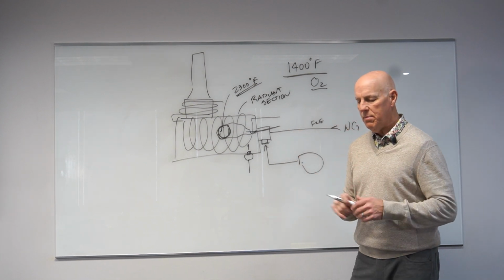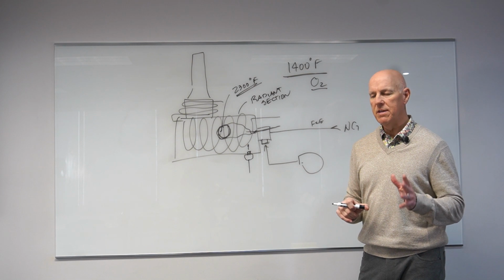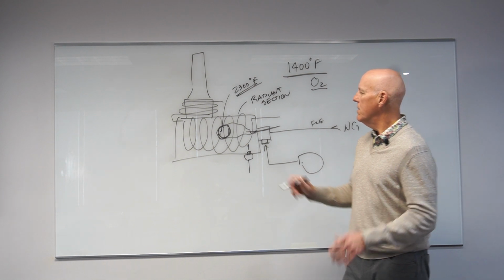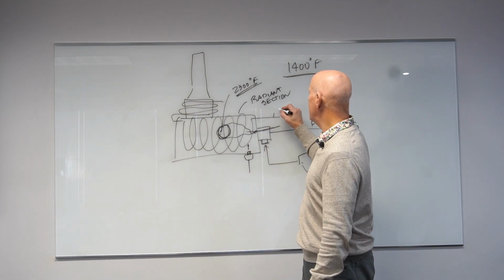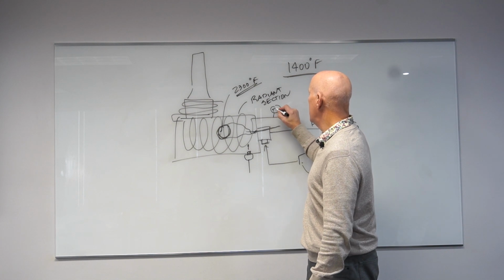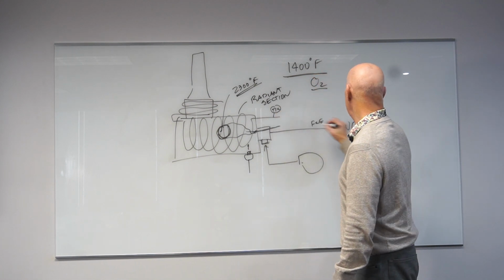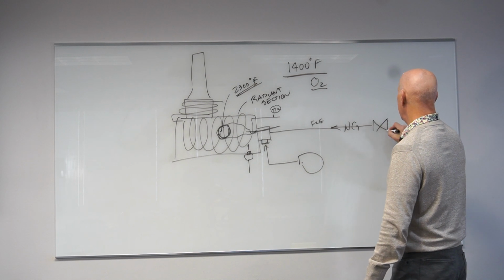The other thing about heaters that you have to think about is that a heater is really controlled by this process outlet temperature. Right there, that's invariably what controls the fuel gas.